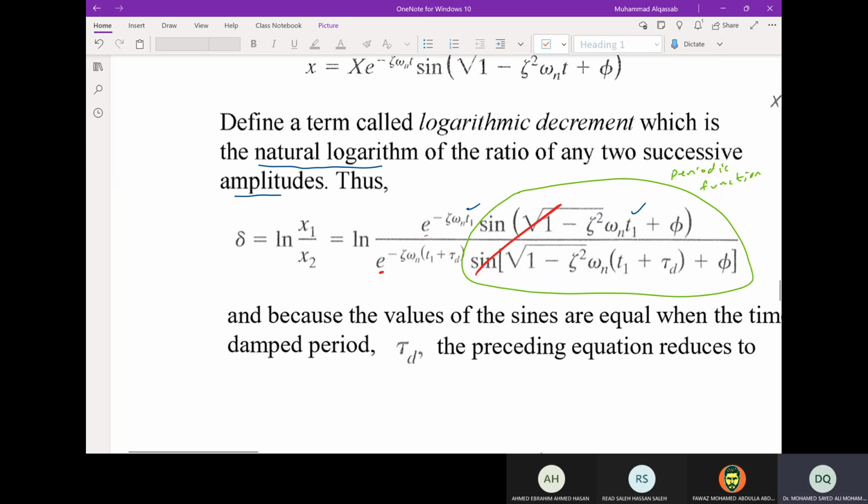So if zeta is small, you can use this equation to make the analysis simpler. Usually in machines, zeta is very small, 0.05, 0.1, so you can assume delta is 2 pi zeta.